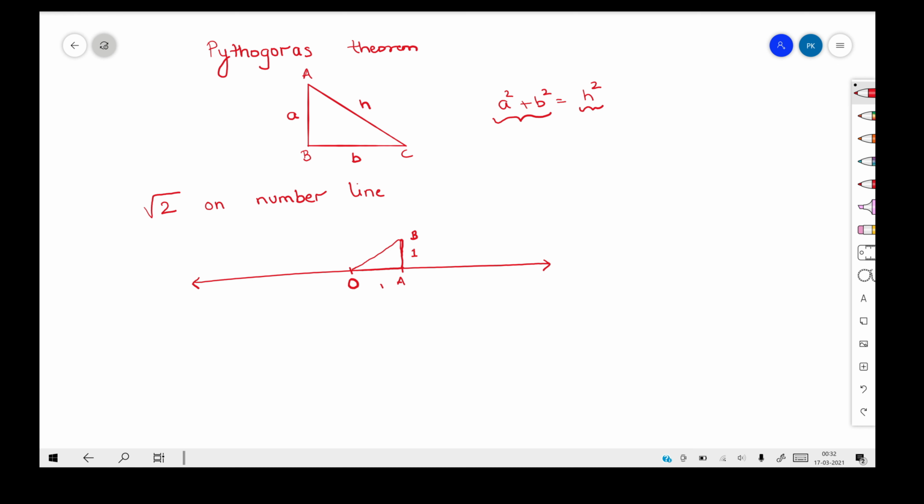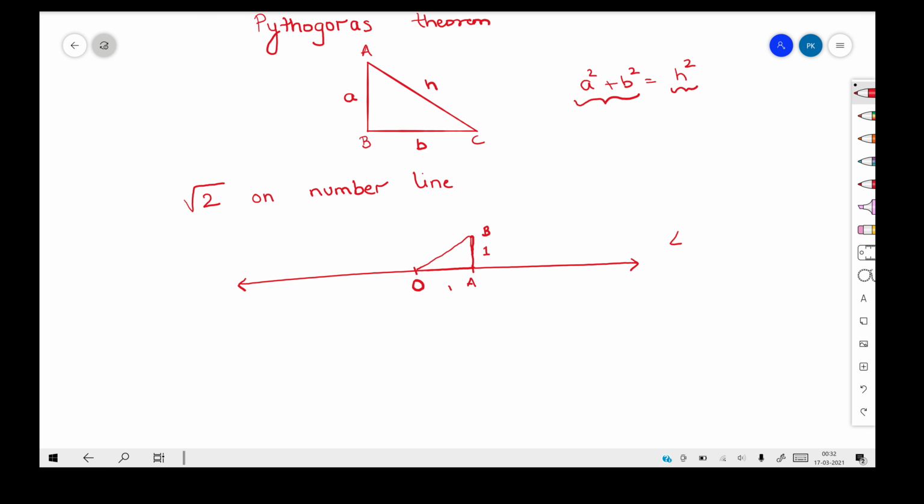So OAB is a right angle triangle where angle OAB is equal to 90 degrees. So the Pythagoras theorem will follow. What will it say? OA square plus AB square is equal to OB square. Now if you note here, we have to determine OB square.